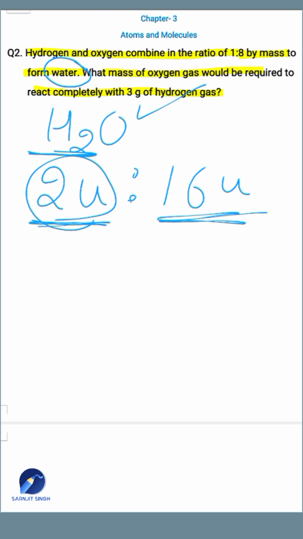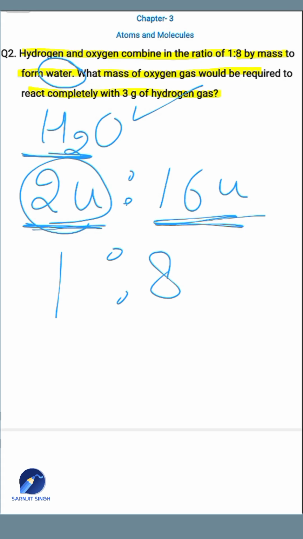So all the elements are present in a definite proportion. When we cut it down, it becomes 1:8, and that is why they have written 1:8 by mass.